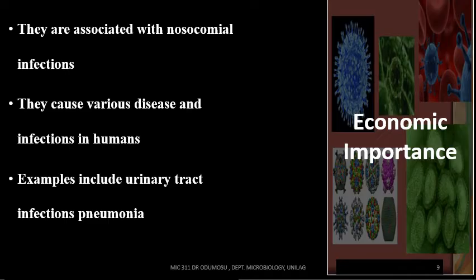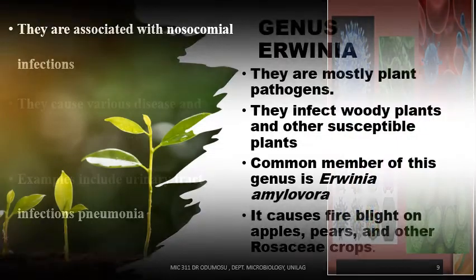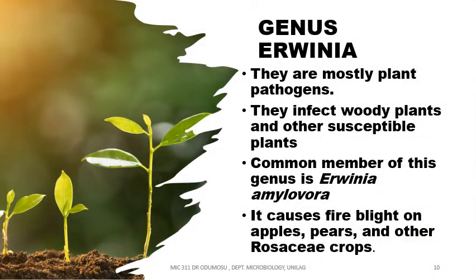So we are going to look at another member of Enterobacteriaceae, which is genus Erwinia. Erwinia is a genus among the family of Enterobacteriaceae that primarily affects plants. They are plant pathogens. They cause a variety of diseases. They are named after Erwin Frank Smith, a famous plant pathologist who discovered this plant pathogen.